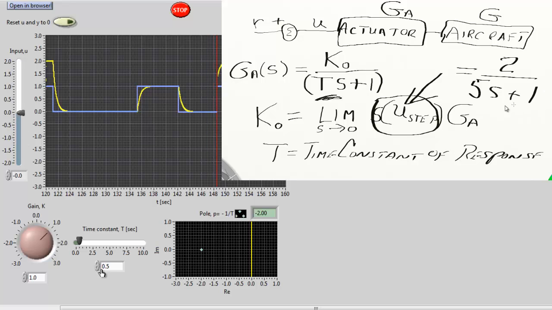The time constant of 5 seconds would mean it would take 5 seconds following a step input for the output of a step response to get to 63% of its final value. The final value, of course, would be K0, which is in this case 2.